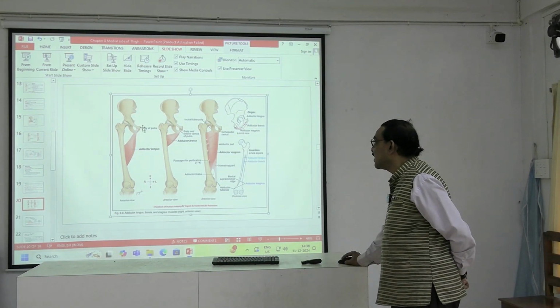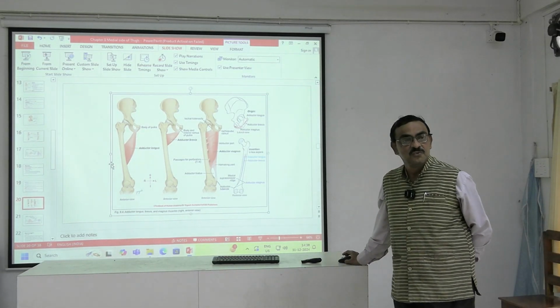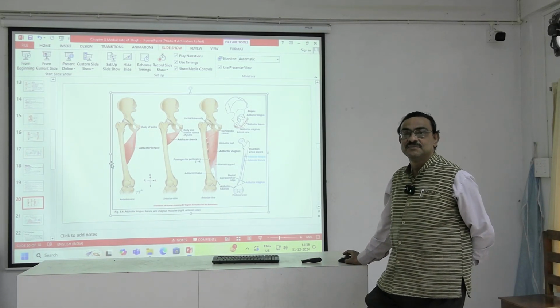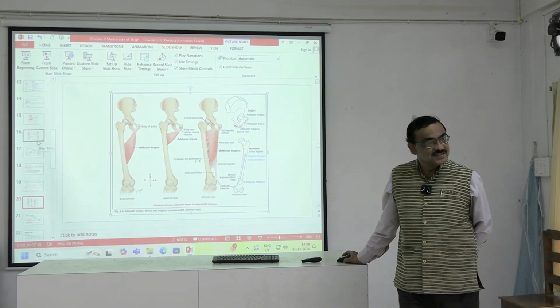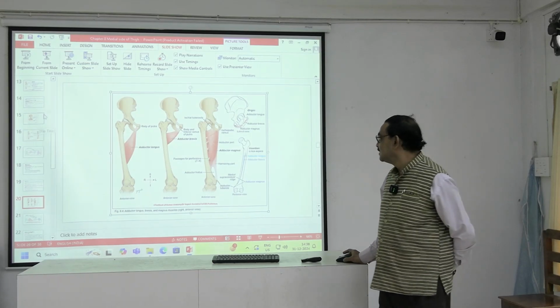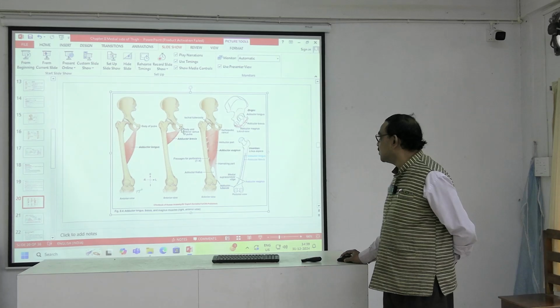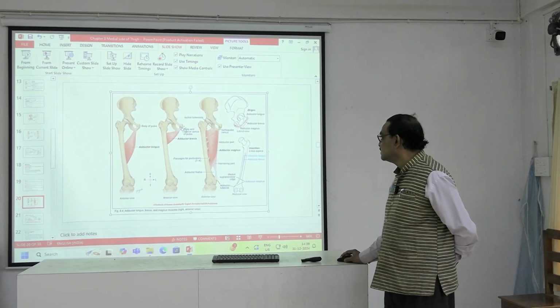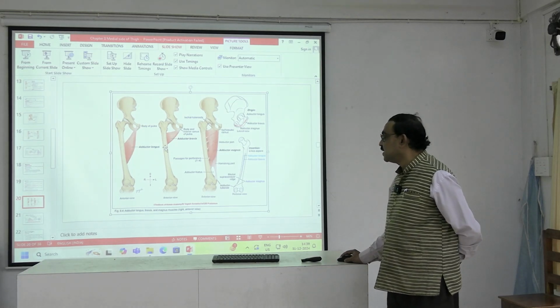So, if it contracts, what will happen? The femur will go inside or outside? What is your common sense? Inside. So, this is an adductor muscle. Similarly, this adductor brevis also takes origin from the pubis, and it is inserted in the upper part of the linea aspera.